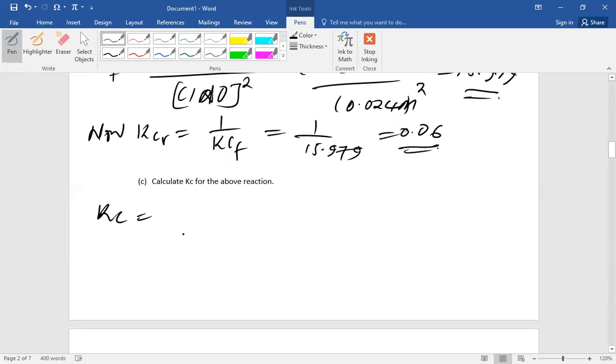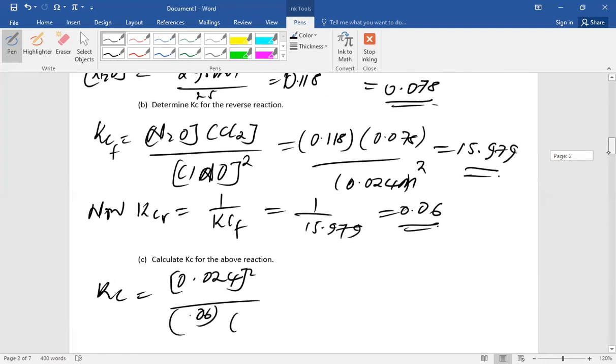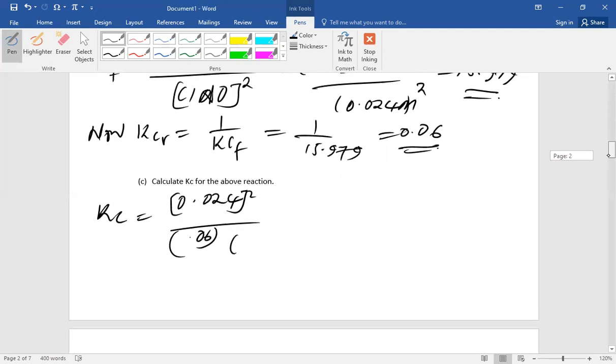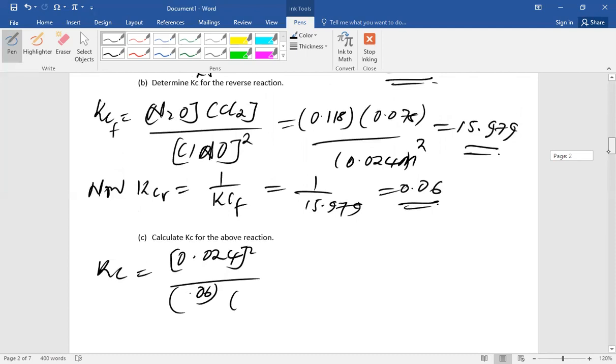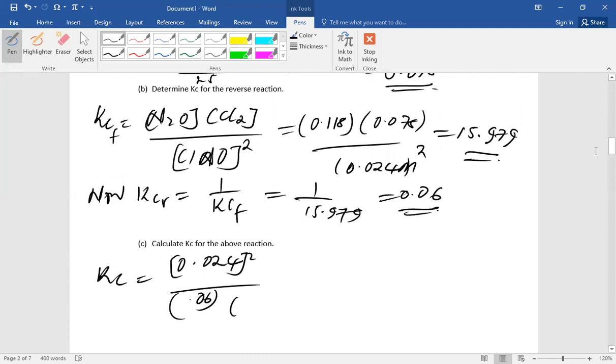Kc is equal to, we start with the reactants, squared over 0.6, and then we multiply this.